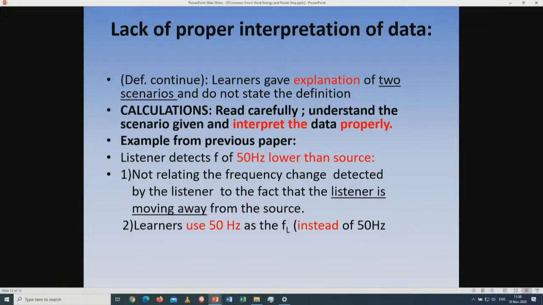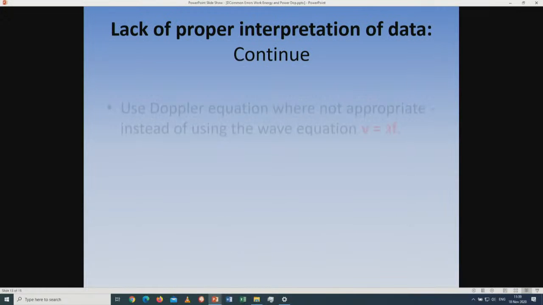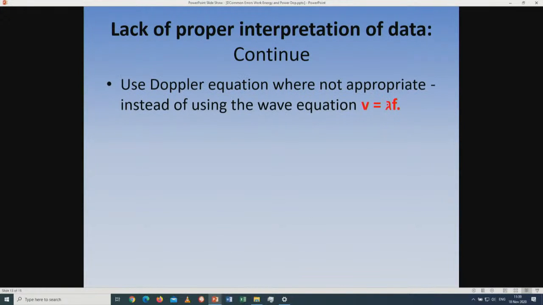They only see the value of 50 hertz and interpret that as, say for instance, the frequency detected by the listener, or the frequency sent out by the source, instead of reading and interpreting it as 50 hertz lower. So please read carefully.